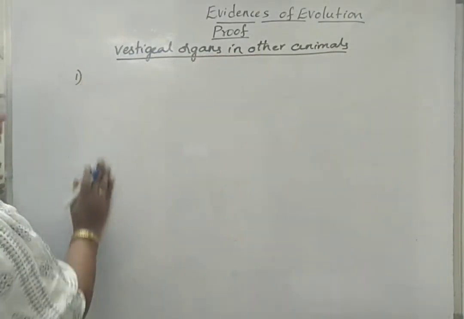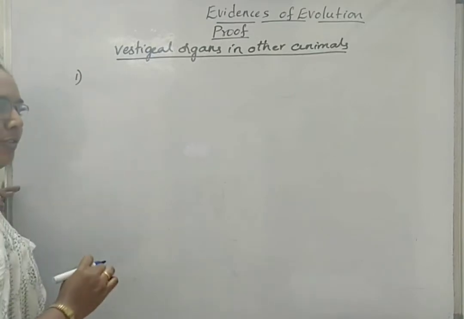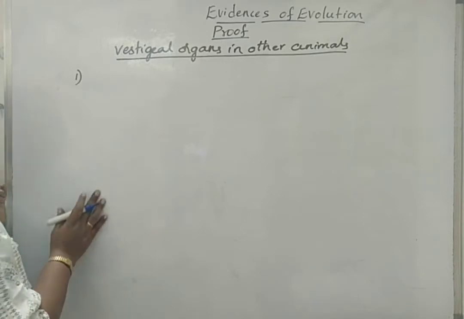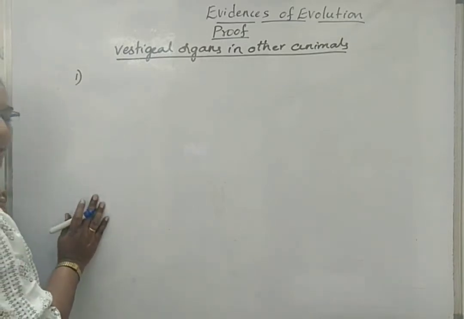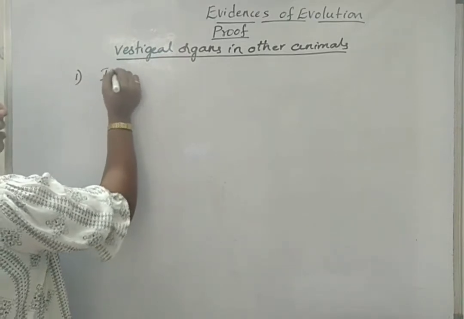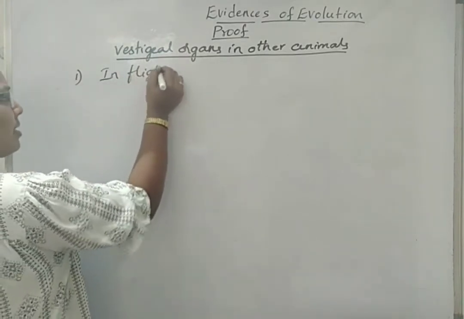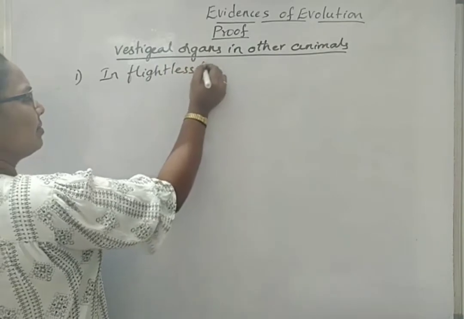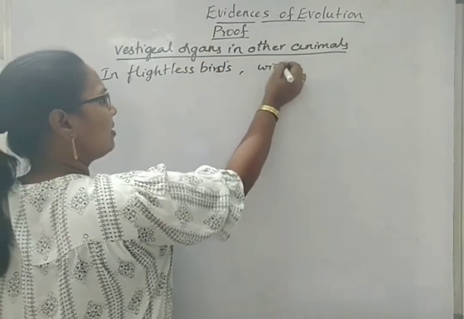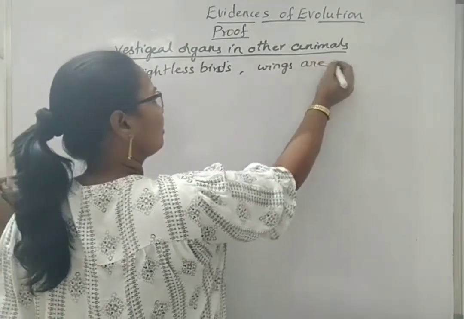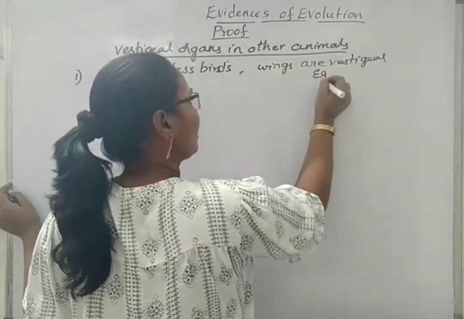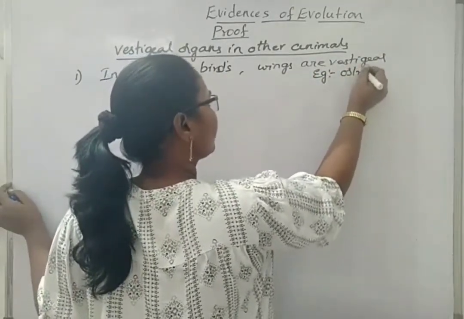One example we can take, in case of flightless birds, wings are of no use. So wings in case of ostrich are considered to be vestigial. In flightless birds, wings are vestigial. Our example we can take as ostrich.